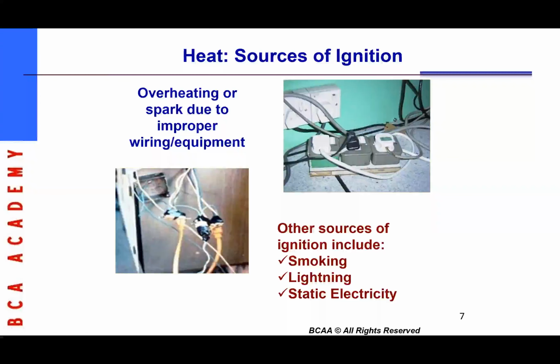Hence, it is important to have certified personnel to do the electrical works at the work site. Other source of ignition could come from smoking, lightning strike, or static electricity.